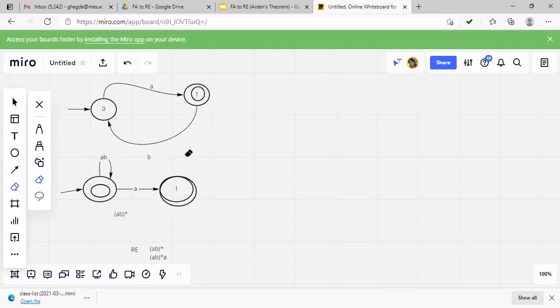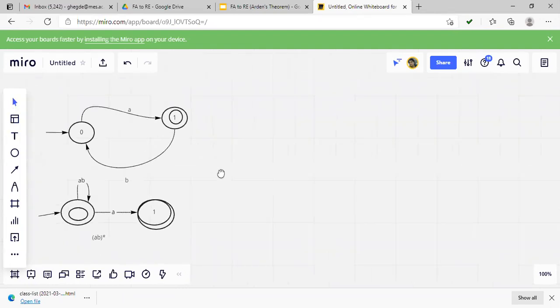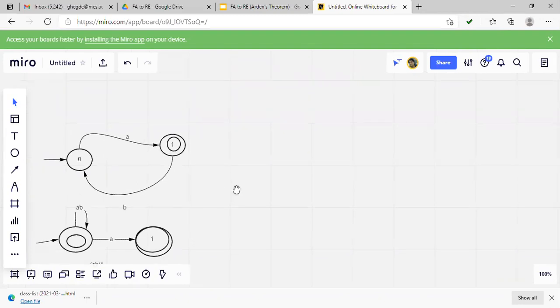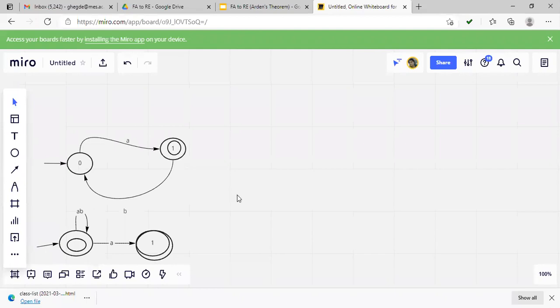Okay. So now for this, what it will be? The same example we have taken, but we have changed the final state. What will be the RE?